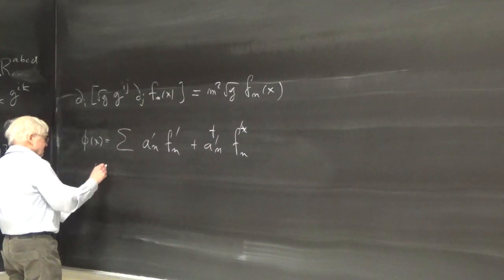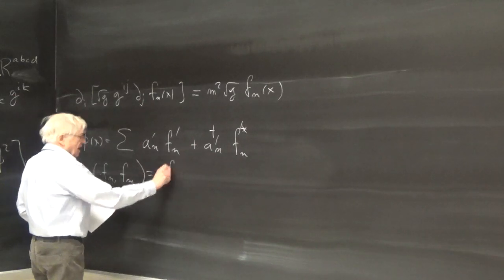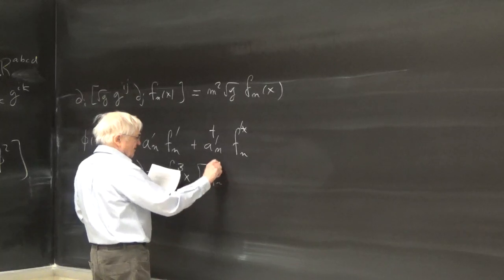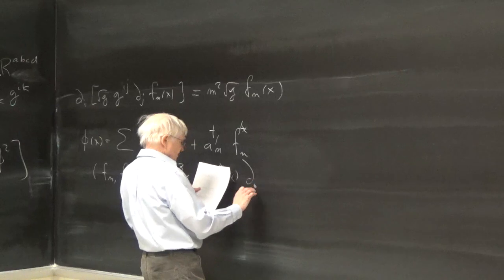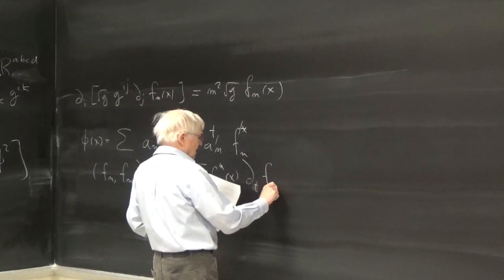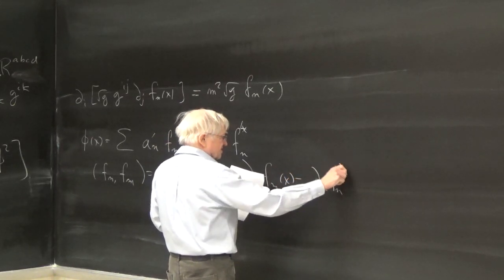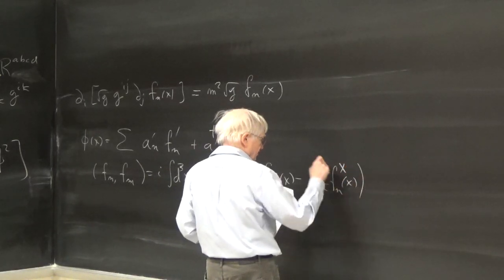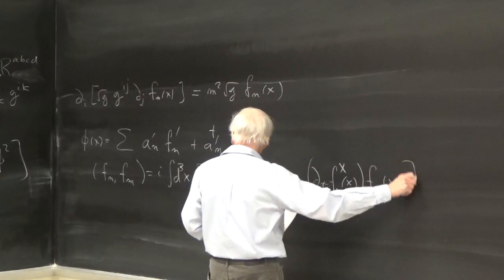In flat space, the scalar product looks like this. i integral d cubed x F_n star of x, time derivative, maybe I'll write that as a t, F_m of x minus time derivative of F_n star of x F_m of x.